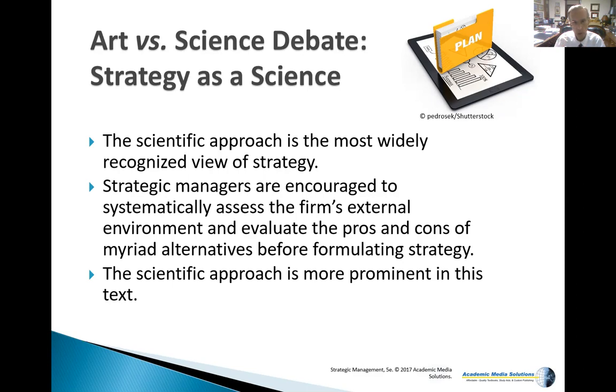We do research and we find out that some methods work better than others in various circumstances. In some circumstances, you ought to do planning one way, in other circumstances not. And this, by the way, gets us into the notion of contingency theory. And this is a little topic where Parnell does not quite give us a definition that satisfies me. And we'll get into it in just a couple minutes.